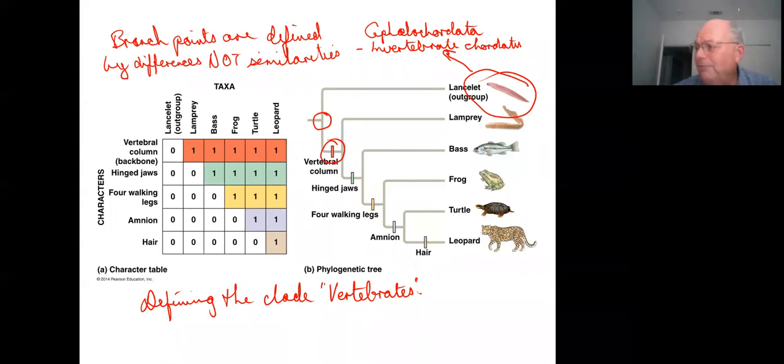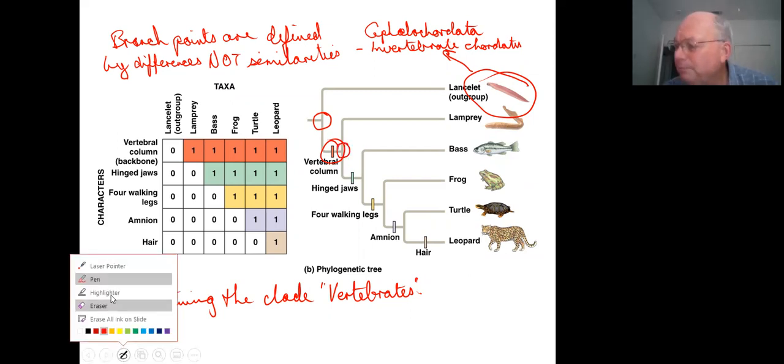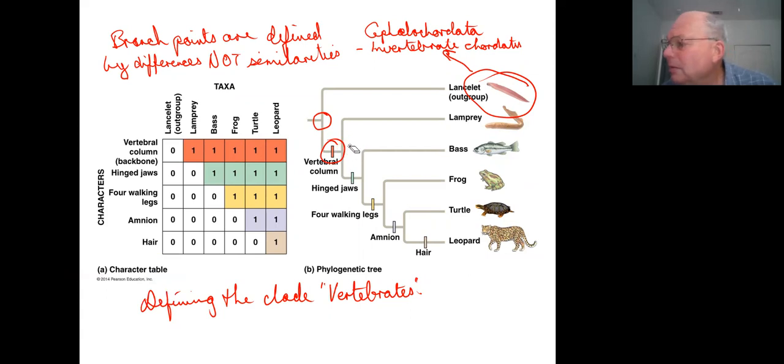So another defining feature of the vertebrates, as we know them today, is the presence or absence of a jaw. So the jaw occurs at this branch point. Actually, let me do that in a different color.